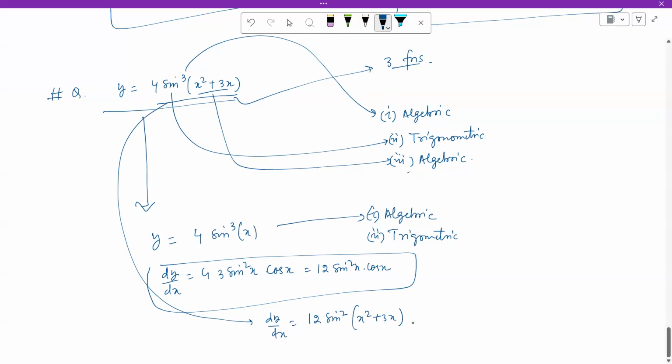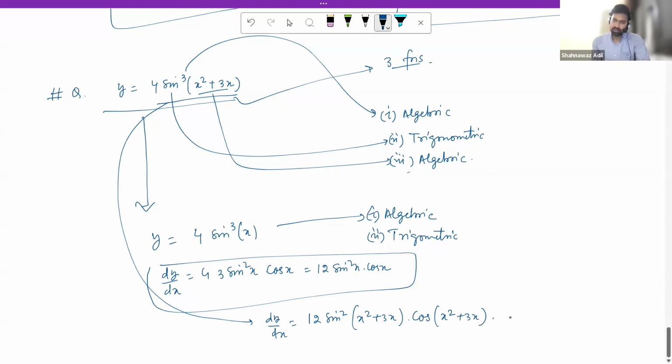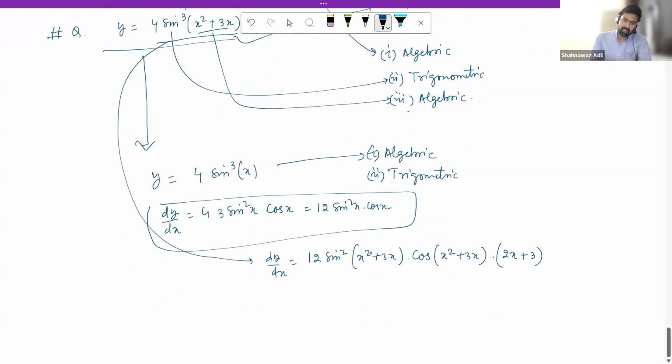And then we differentiate sine, so we get cos of (x square plus 3x), and then the derivative of x square plus 3x becomes 2x plus 3, right? So this is the final.